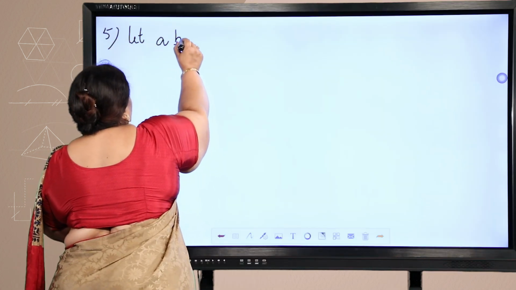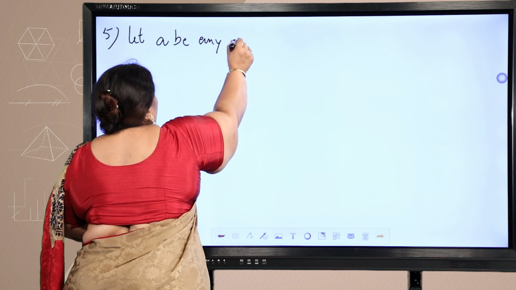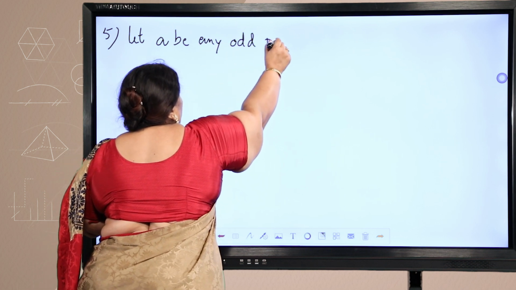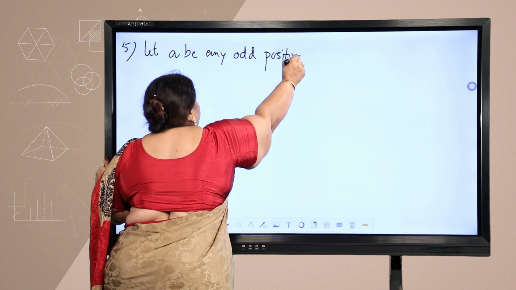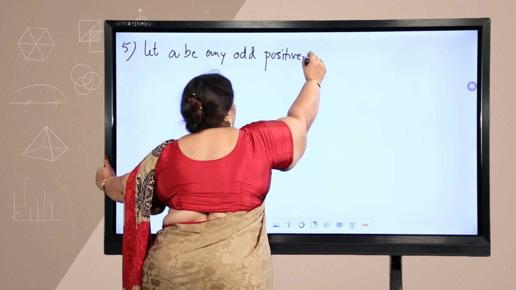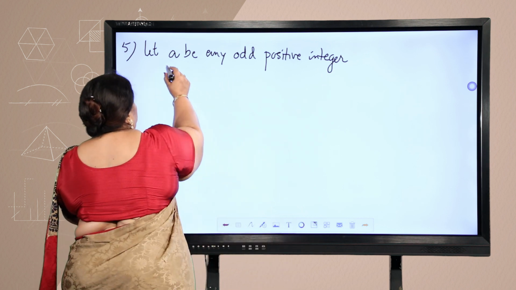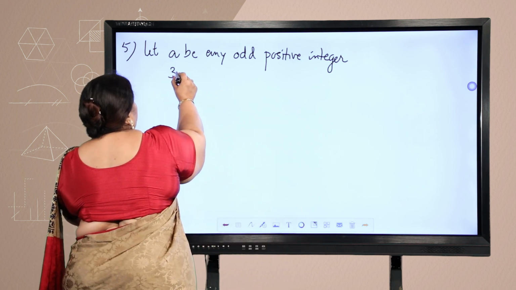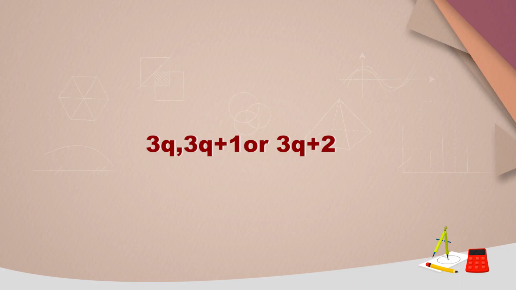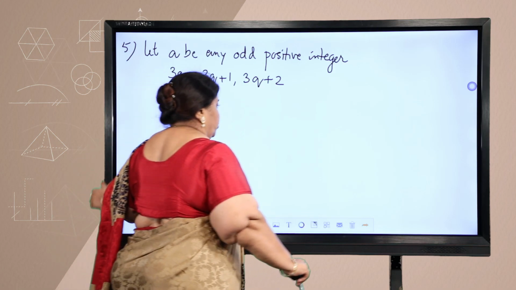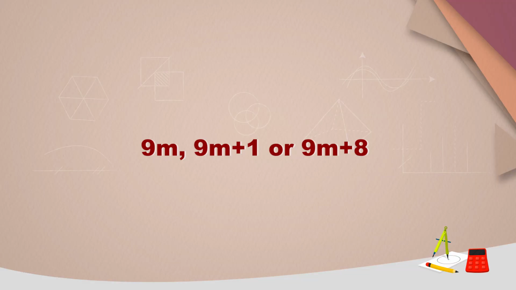Let a be any positive integer so that it can be expressed in the form 3q, 3q plus 1 and 3q plus 2. Remember, I have to show it in the form 9m, 9m plus 1 and 9m plus 8.